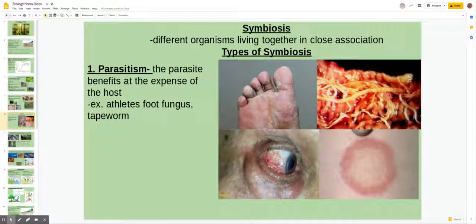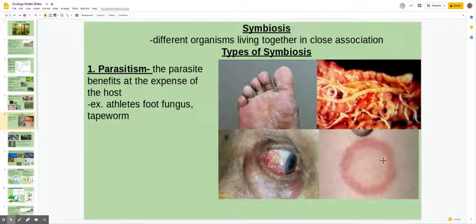Where the bot fly lays its eggs in, excuse me, not bot fly, but it's the tsetse fly, I believe, lays eggs in the skin of other organisms, and you can get these long larval worms that will be found in the skin, and they have to be removed.